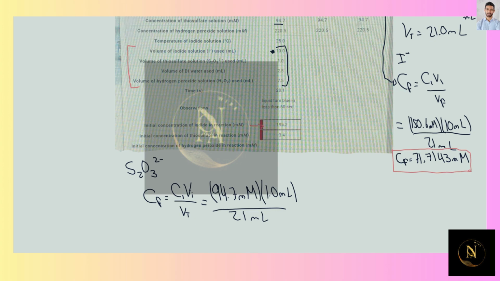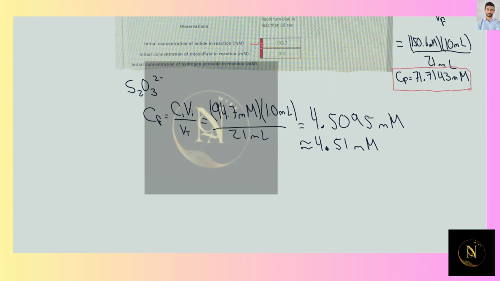So 94.7 over 21 gives us 4.50995 millimolar, which is quite clearly approximately 4.51 millimolar. Again, use the number of significant digits or numbers after the decimal point that the platform that you're employing requires.